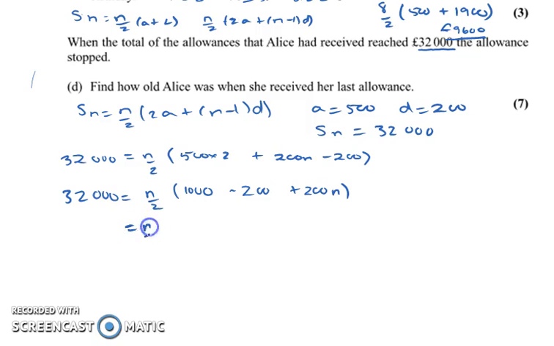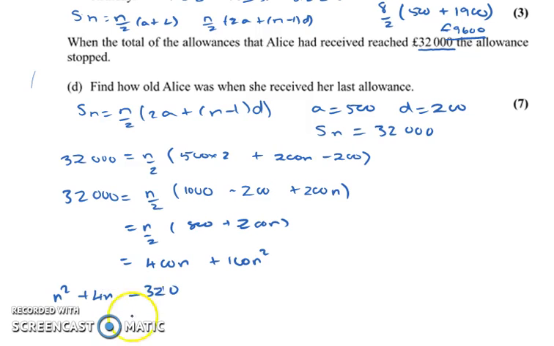This then gives us n over 2, 800 add 200n, multiplying this out and we get 400n add 100n squared. If we bring everything over to one side and divide by 100, we get n squared add 4n minus 320.